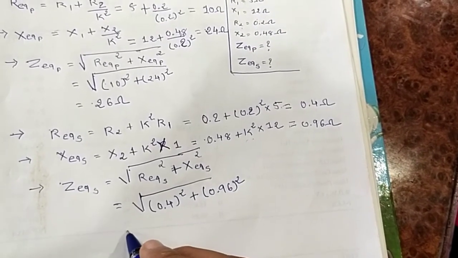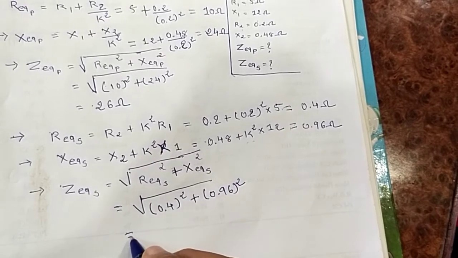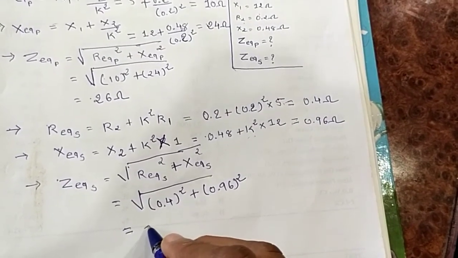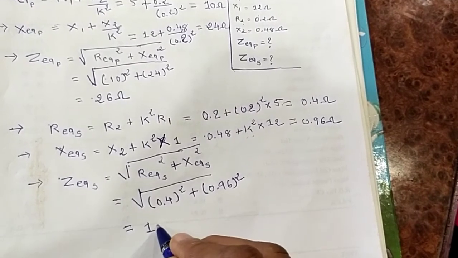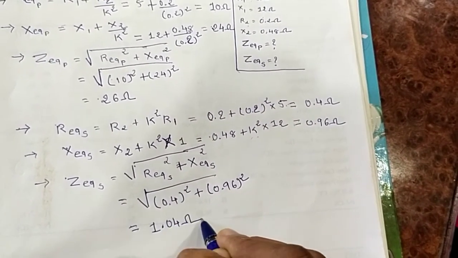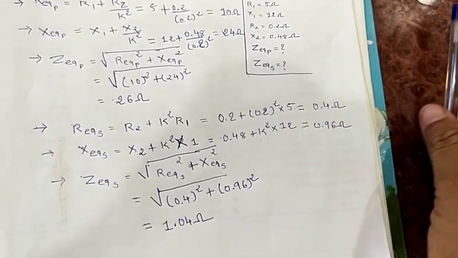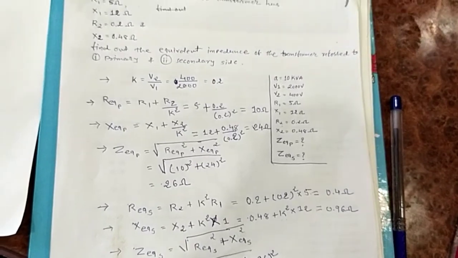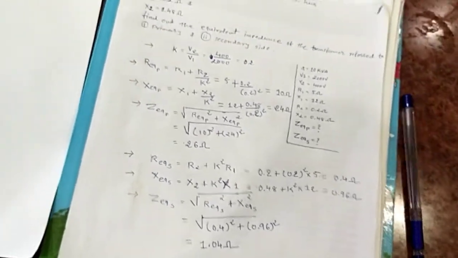And we get the value of the equivalent secondary impedance as 1.04 ohm. Now we complete our example.